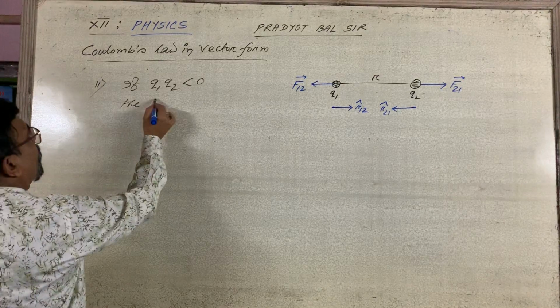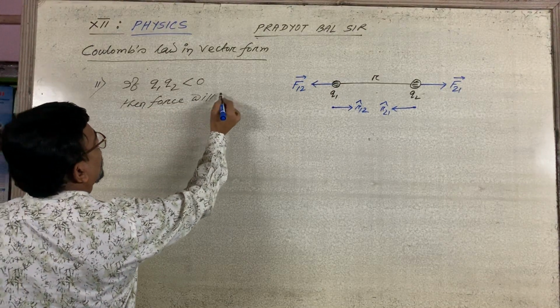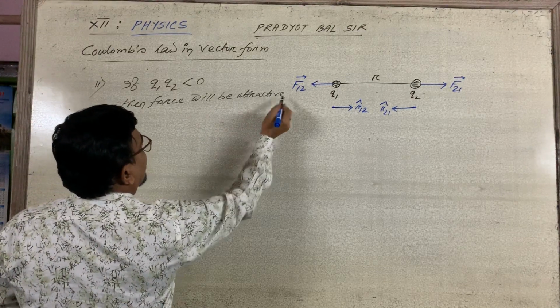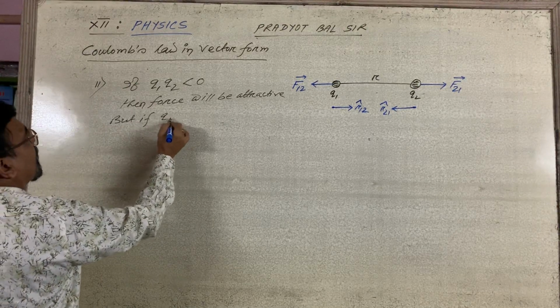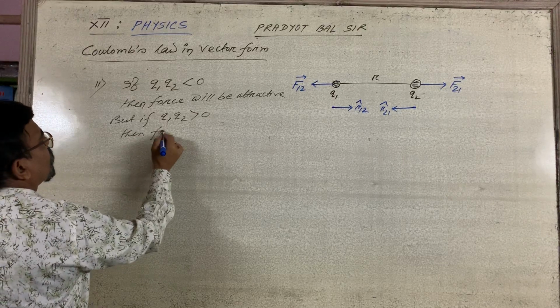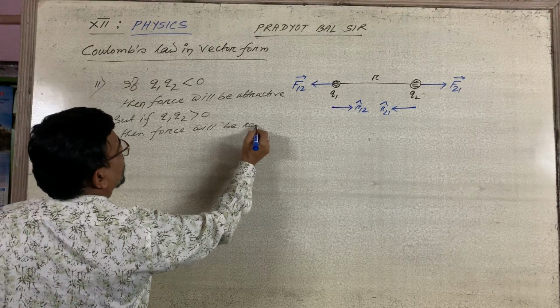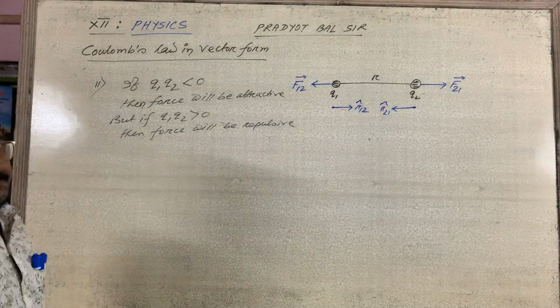Then the force will be attractive. But if Q1 Q2 is greater than 0, then the force will be repulsive. This is the second importance.